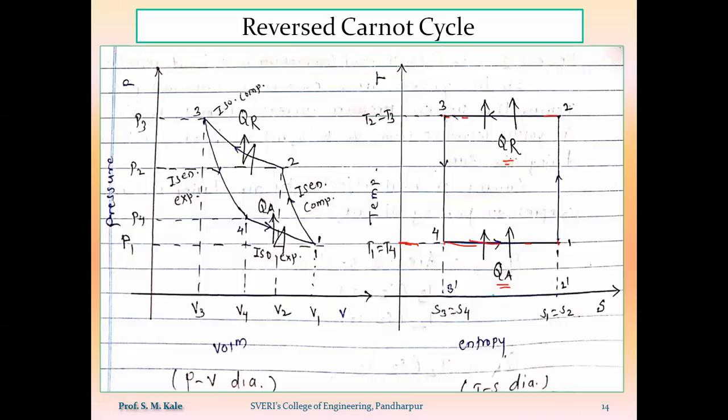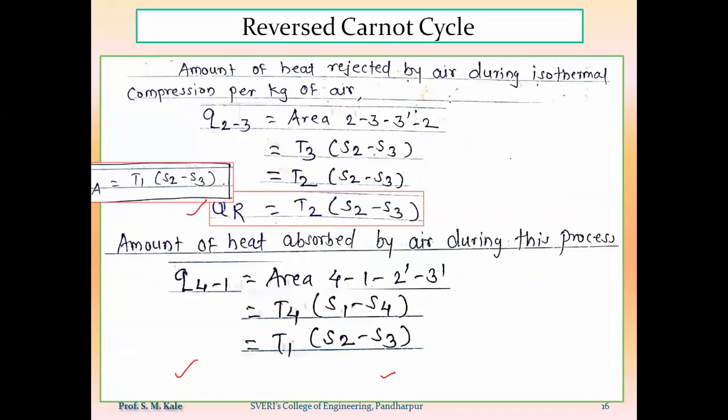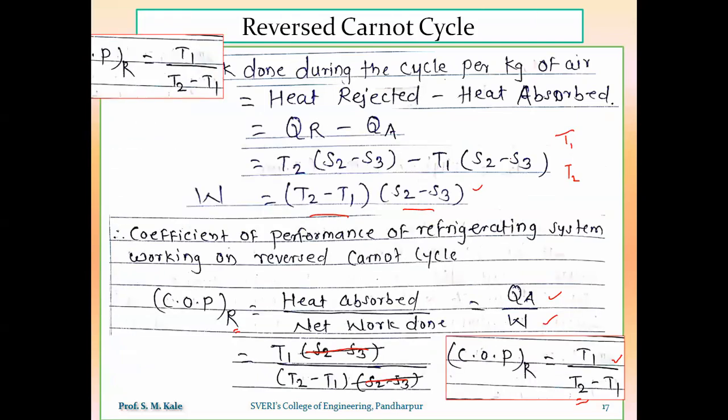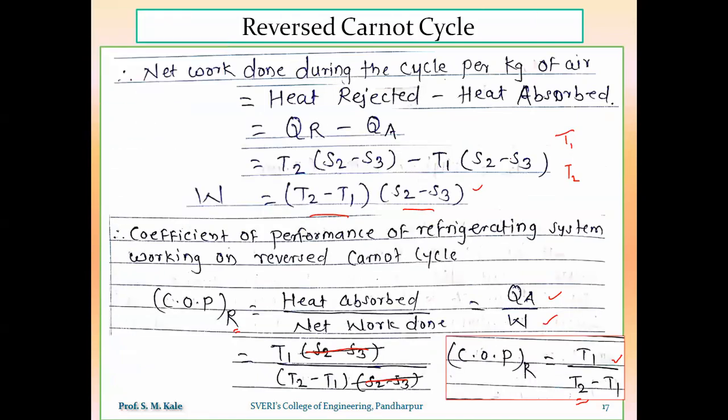So the COP of the reverse Carnot cycle depends on only two parameters, T1 and T2.